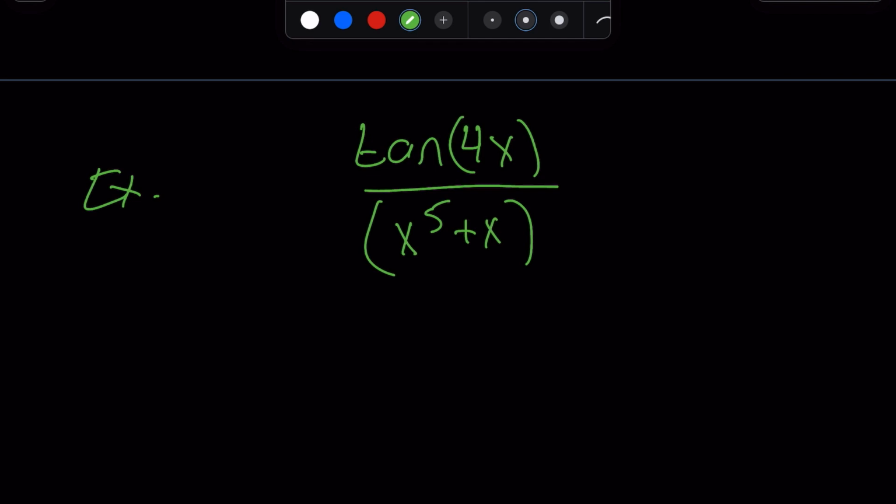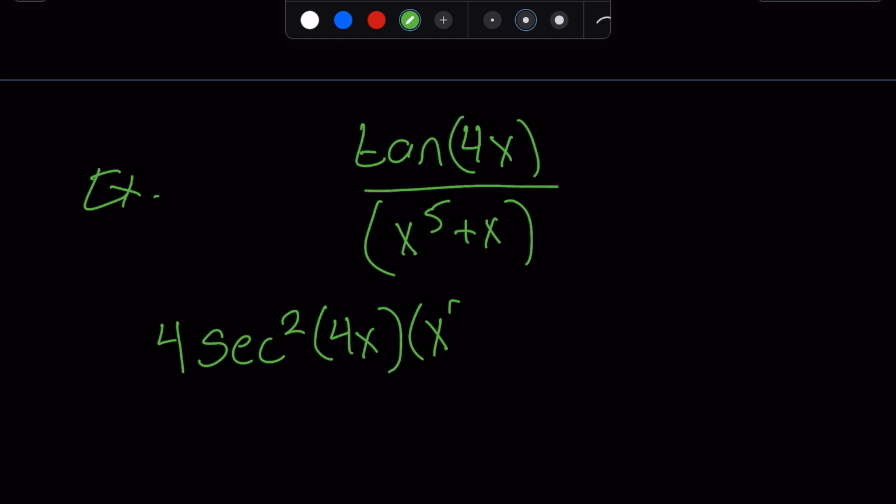This is a function divided by a function. So our quotient rule says we need the derivative of the top, which is secant squared. This does not change. And the chain rule says we multiply times the derivative of the stuff on the inside, which is just 4. I'll just tack that in the front right here.